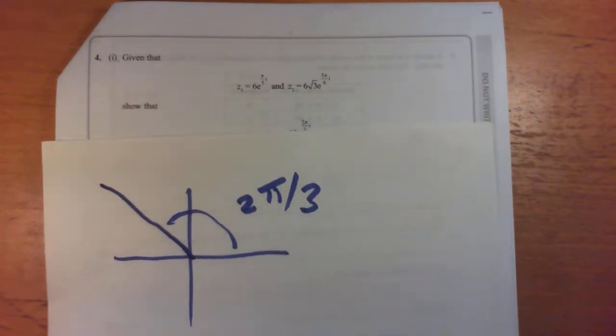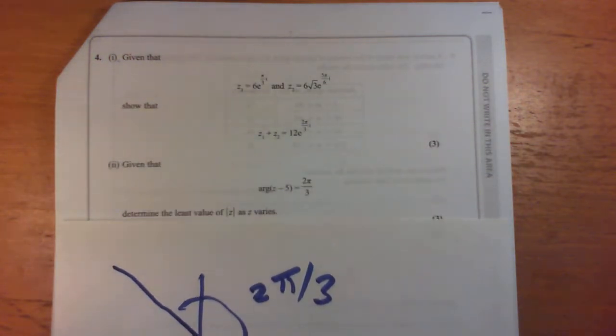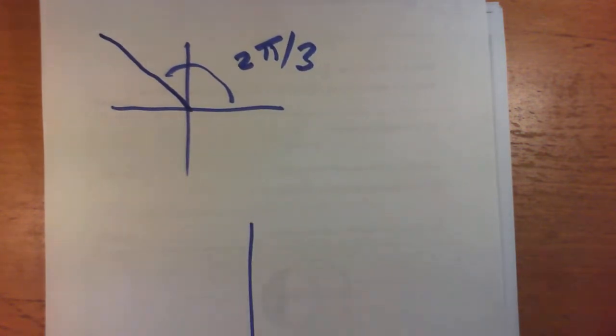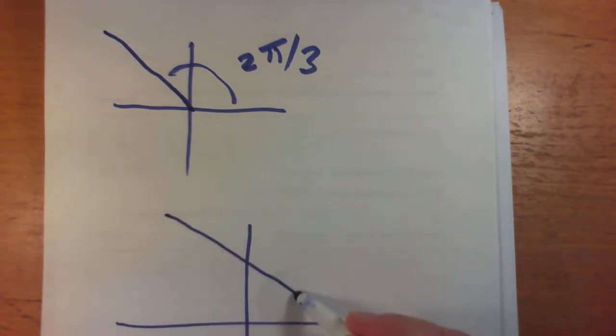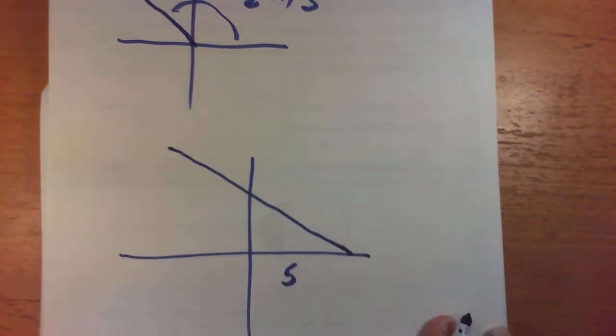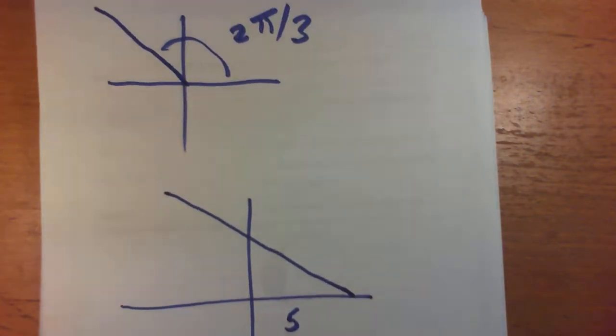What we've got here is arg of z minus 5 equals 2 pi over 3. So what will happen is it will move. That'll be 5, sorry, give me a line. Okay, see what I've done?